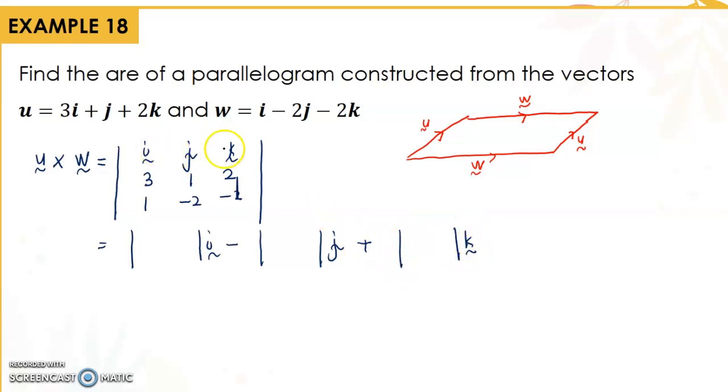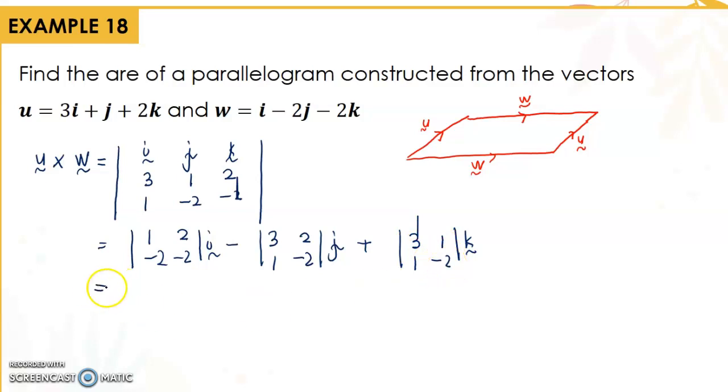Delete row 1, column 1, get 1, 2, negative 2, negative 2. Delete row 1, column 2: 3, 2, 1, negative 2. Then delete row 1, column 3: 3, 1, 1, negative 2.